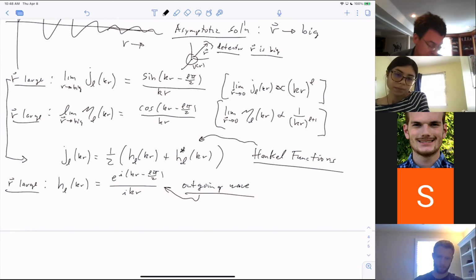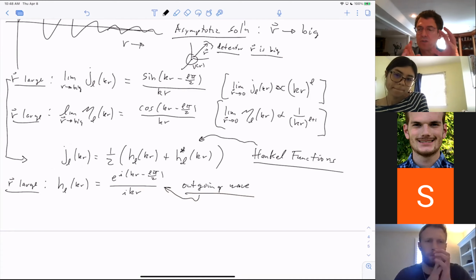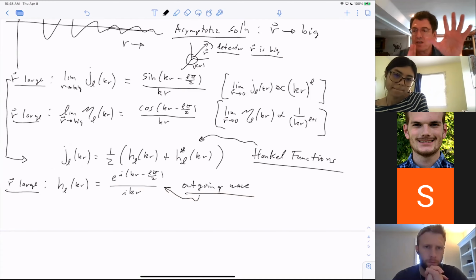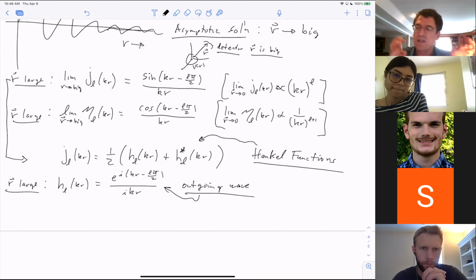Now, remember I said this before, I'm using these terms, incoming wave, outgoing wave, and when I use those terms, it makes it seem as though there's a time dependence to the wave motion, like the waves are moving, but there is no time here.